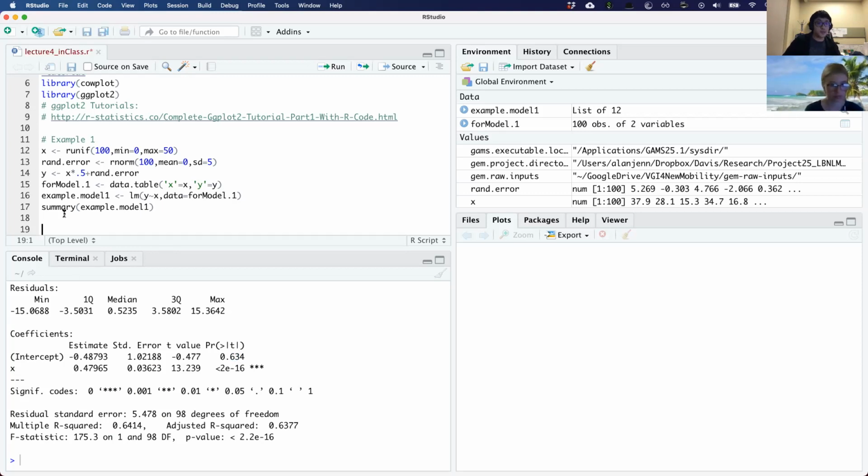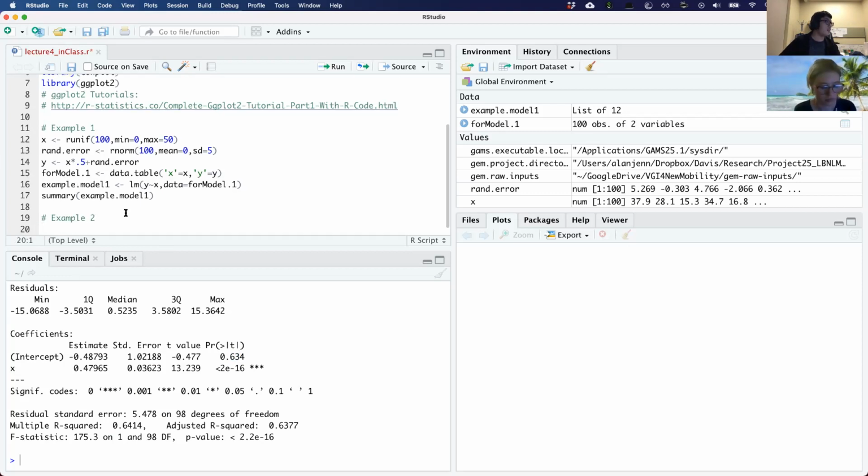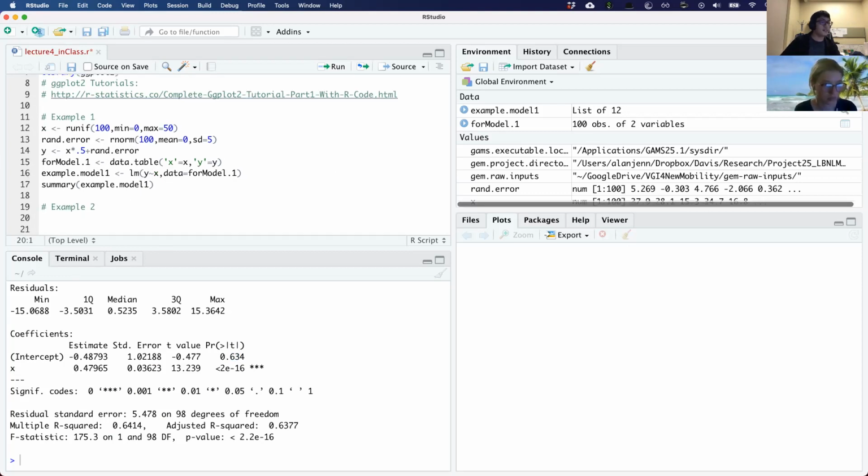And then we had in our, let's see, model 2, which is going to be exactly the same, except that you have double the deviation.